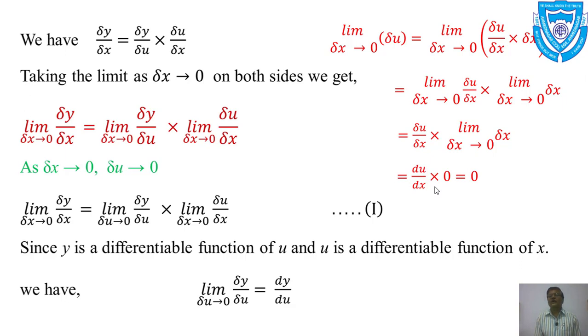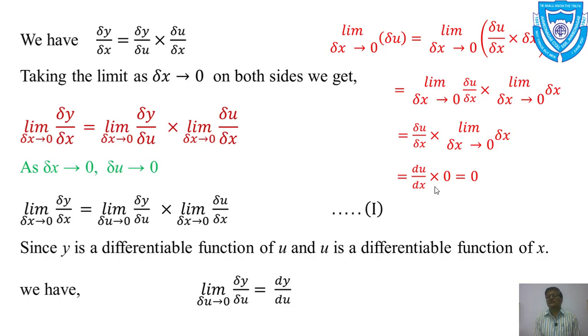I multiply and divide by delta x, so we rewrite this as the limit as delta x tends to 0 of delta u upon delta x into delta x. Then take separate limits, the limit of delta u upon delta x and the limit of delta x, as delta x tends to 0.